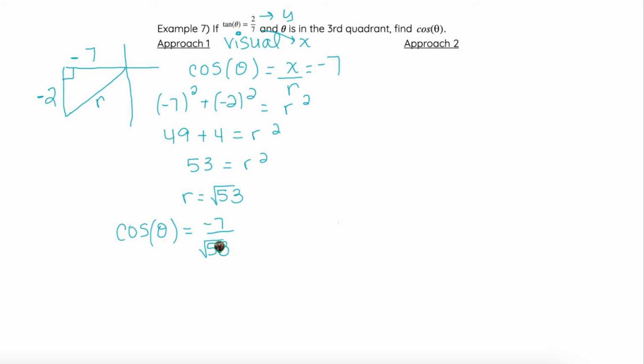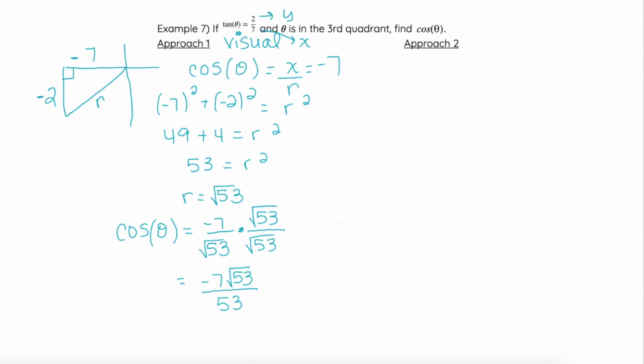But again, we don't like to have the radical in the denominator, so we will rationalize that denominator by multiplying by the square root of 53. -7 square roots of 53 is also 53 on the bottom, because we'll have the square root of 53 squared, which simplifies.